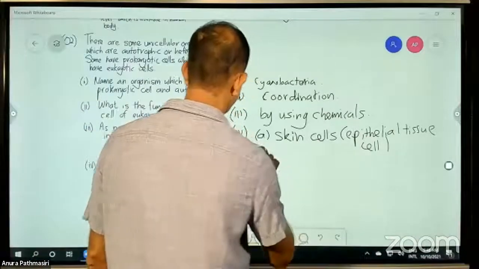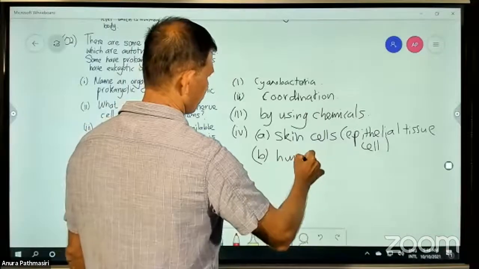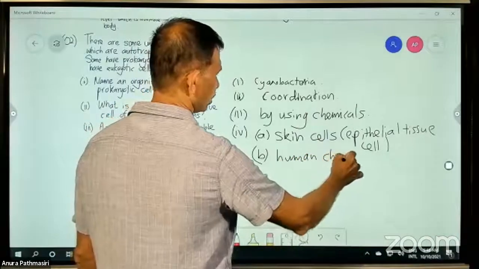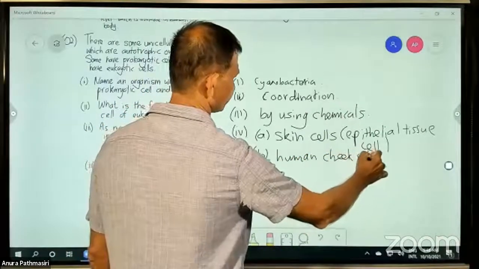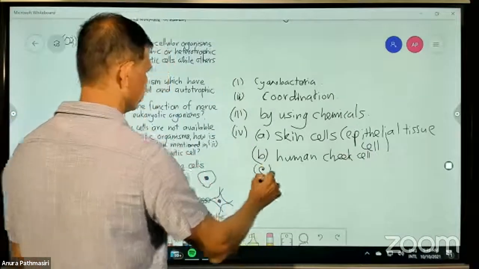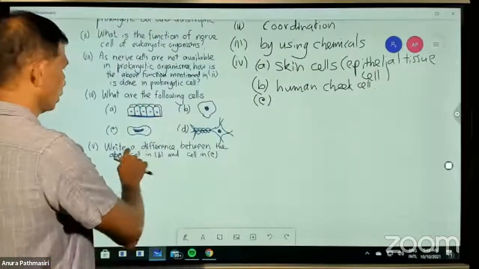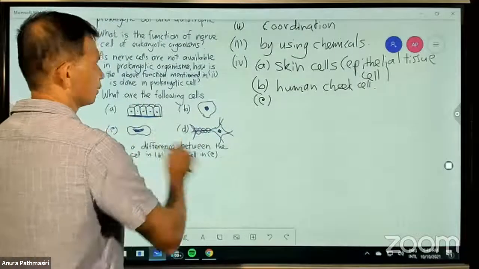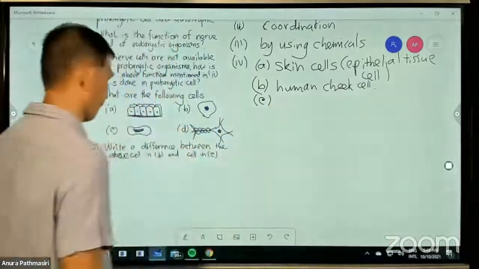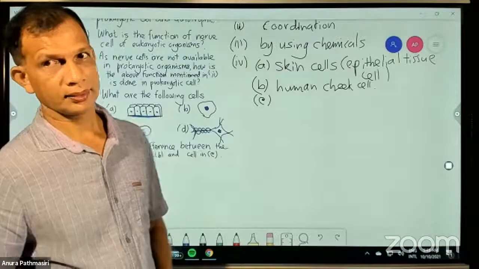B, I told you, is human cheek cells. And C. There was a back reference as well, I can remember. Write a difference between this one and this one. So what is C then? Red blood cell.